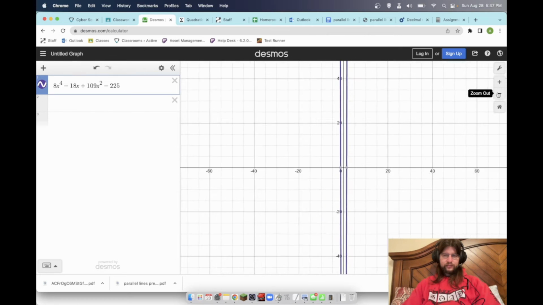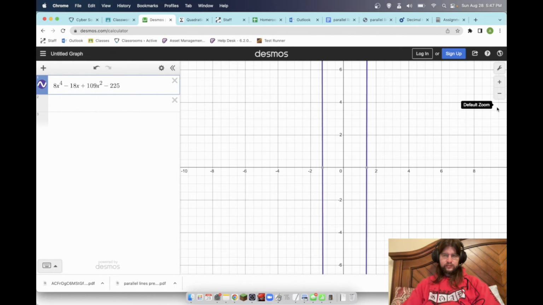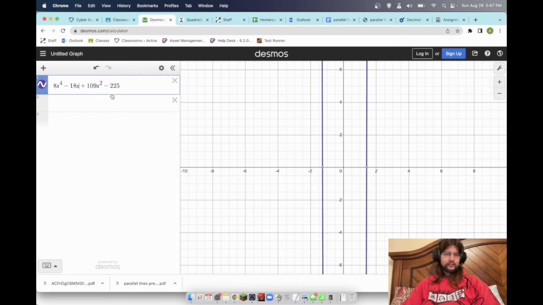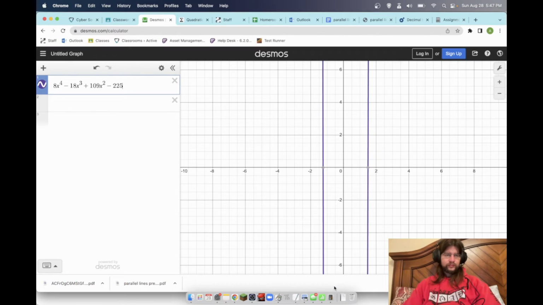Give me a second. I guess there's a typo somewhere, either in the original problem I made or where I typed it. Right there. That made a huge difference, as you can see, so I'm going to keep that mistake in there. Make sure you type it in correctly, otherwise you're screwed.